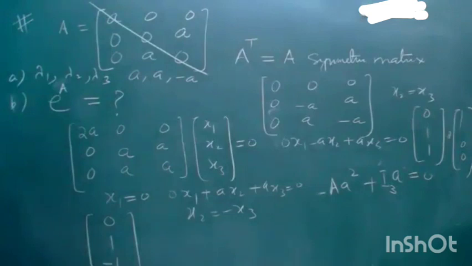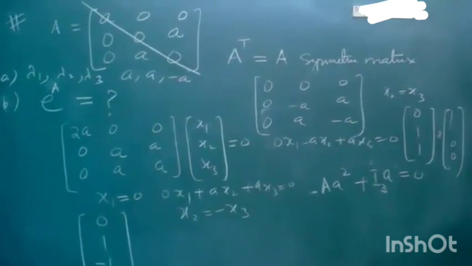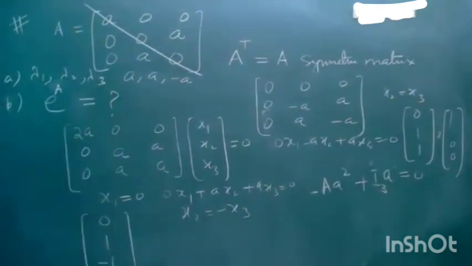So these are the values, and we should write it like this. And what are the normalization constants? Root 2 here, root 2 there also, and 1 in the last one. Correct?